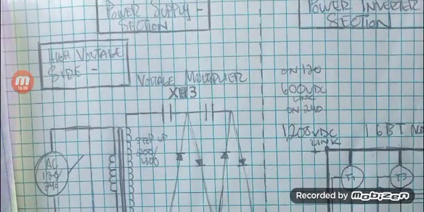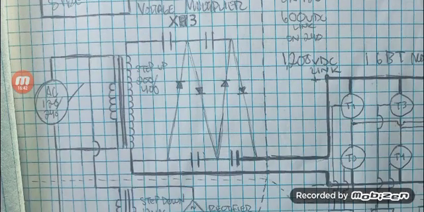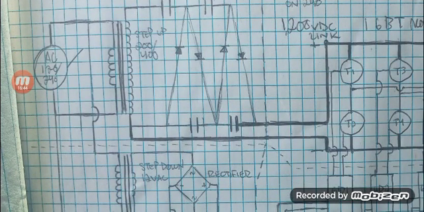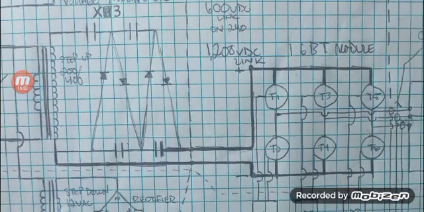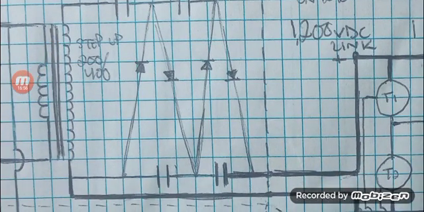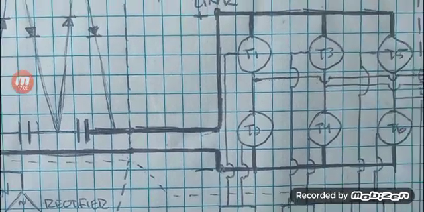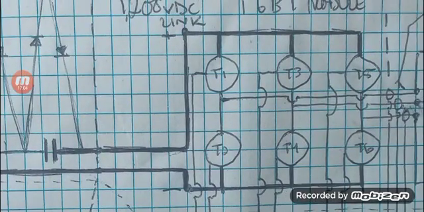You've got your power supply section, which steps up your normal 120, 240 volts all the way up to 1200 volts DC. This is the circuit to not only step up, but to convert your AC to DC, so that you can provide your inverter circuit with DC power.